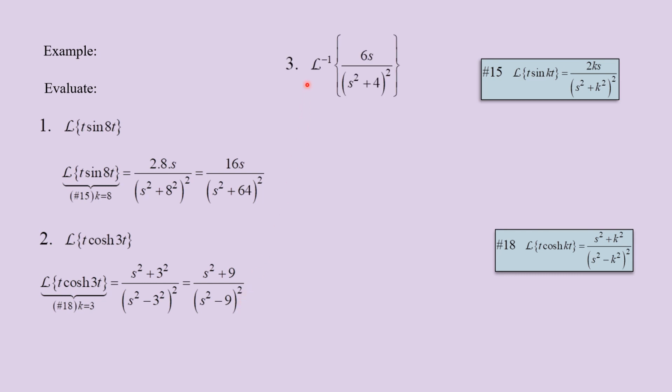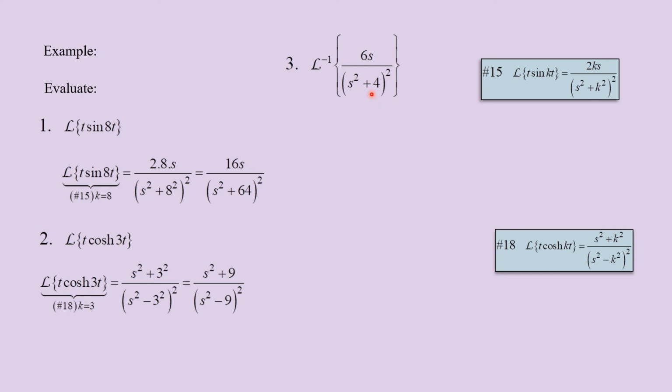Third question, what is the inverse Laplace transform of 6s divided by s squared plus 4 everything squared? Okay, now search from the table of Laplace transform for a function that exactly matches or almost matches the given function. Okay, so it seems that formula number 15 has a form which almost matches the form given in this problem.